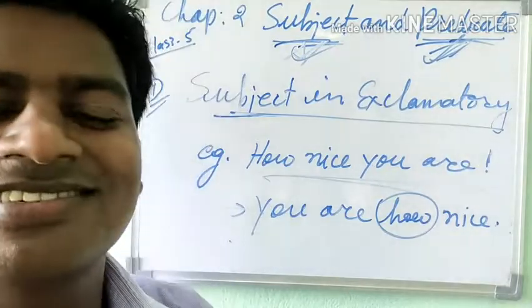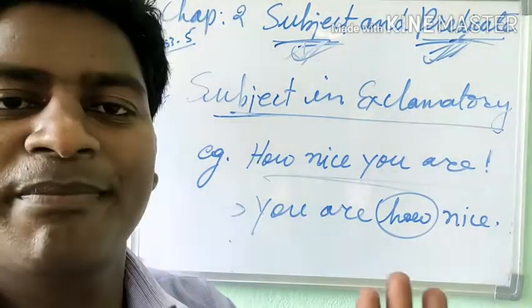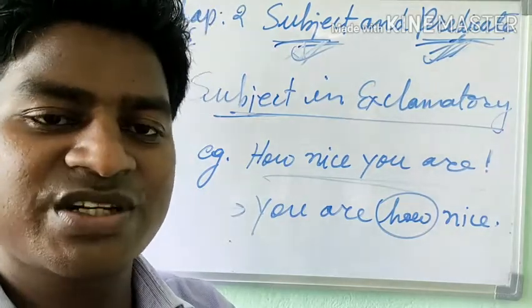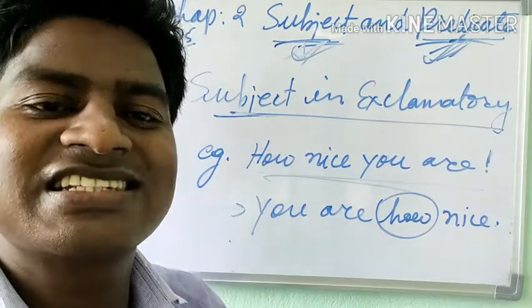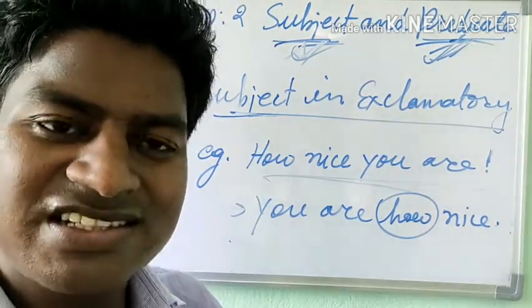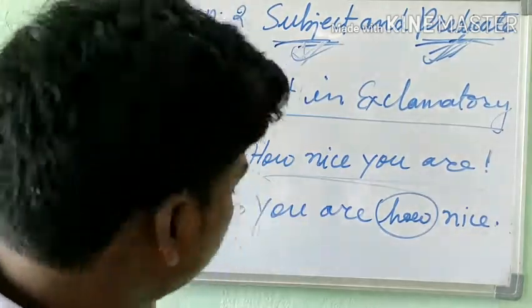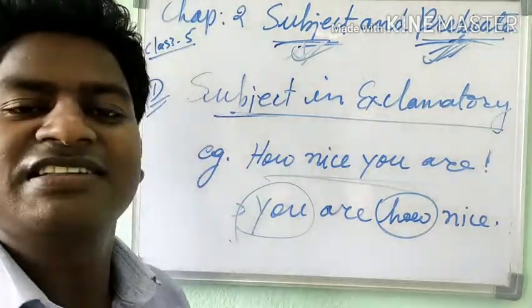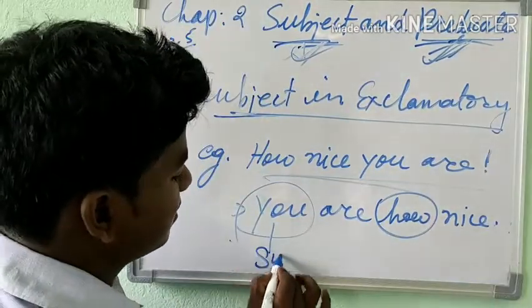And now let's find out the subject. Remember, to find out the subject, you should always ask, what is the sentence about? The sentence is about you. The sentence is about you. That's why this is the subject.